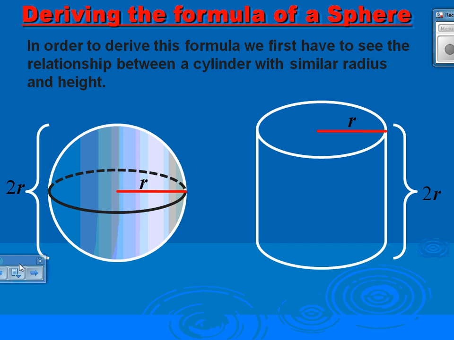In order to figure out the volume formula of a sphere, we're going to compare the volume of the sphere to the volume of the cylinder. Okay, again, the sphere has a height of 2r, has a radius of r. The cylinder also has a height of 2r and has a radius of r.